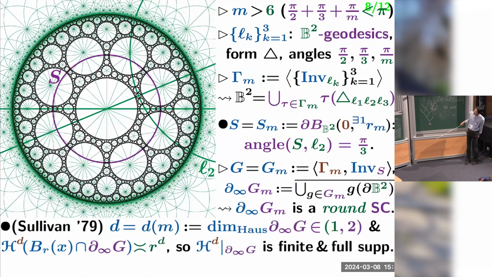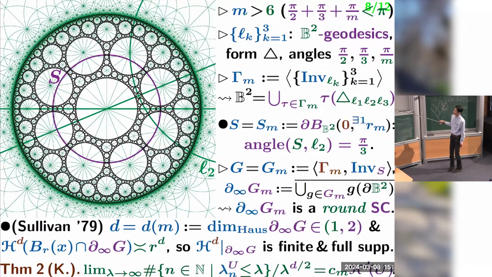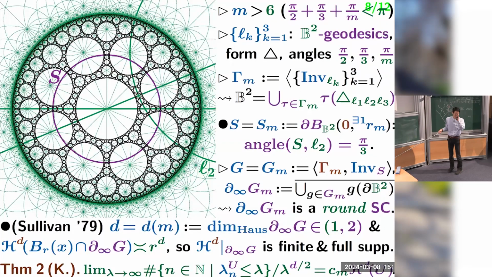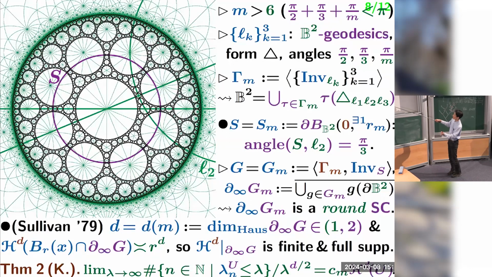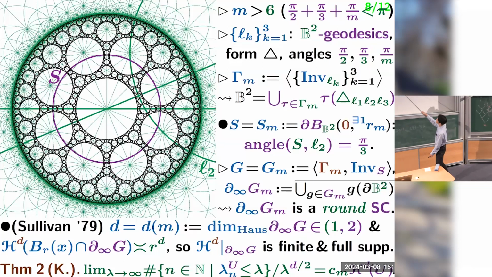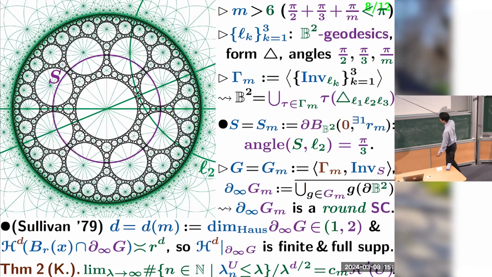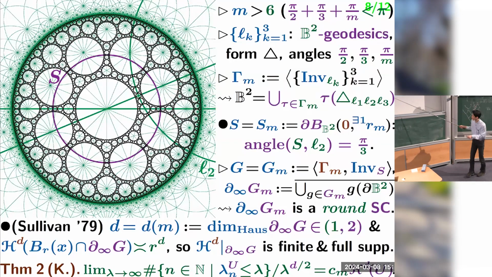And I have already defined the Laplace operator, so let's consider the eigenvalues. But to be a bit more precise, I have to consider an open subset U, which has strictly positive distance from the unit circle. For some technical reason, I have to do that.